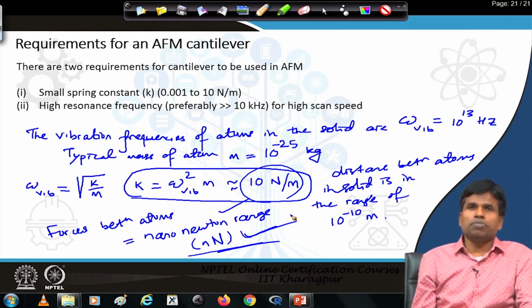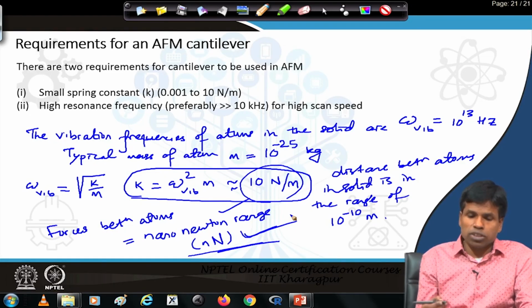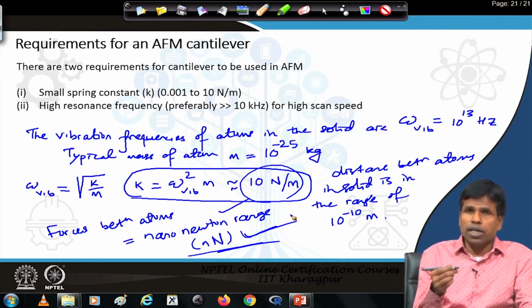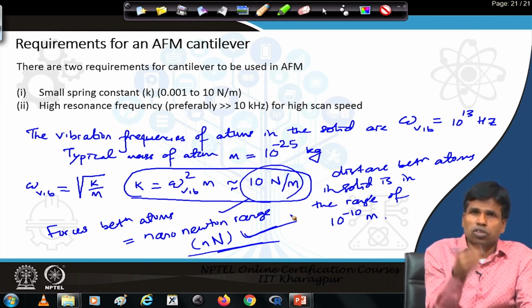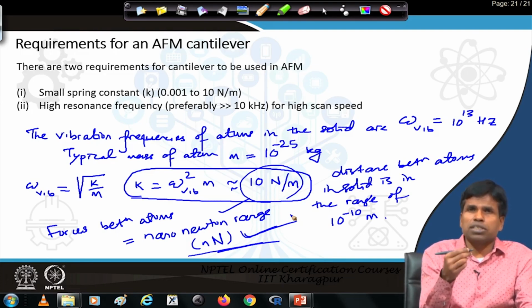As we will see later, we should be able to measure the bending of the cantilever at the angstrom level, and therefore measure the vertical height z at the angstrom level. So the tip applies a nano Newton force, leading to cantilever deflection in the angstrom range, and by measuring this deflection we can know step heights in the angstrom range.